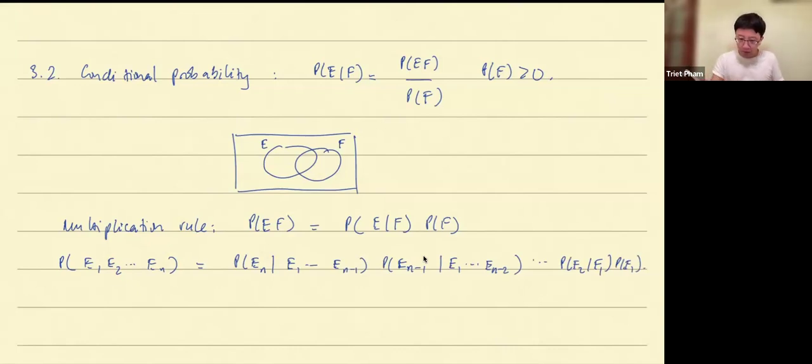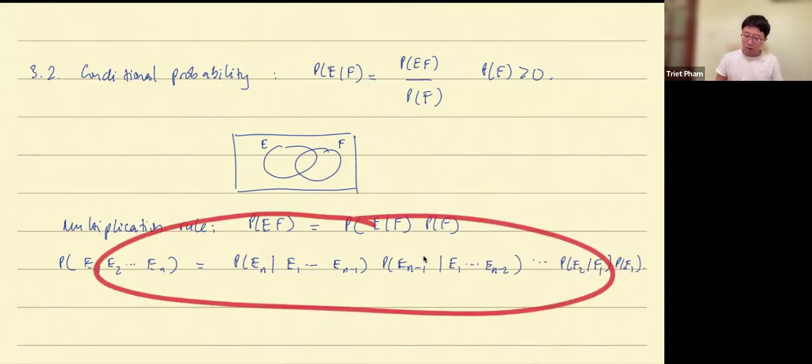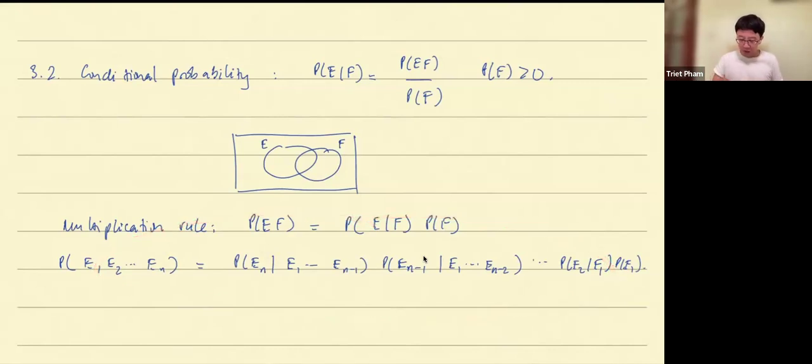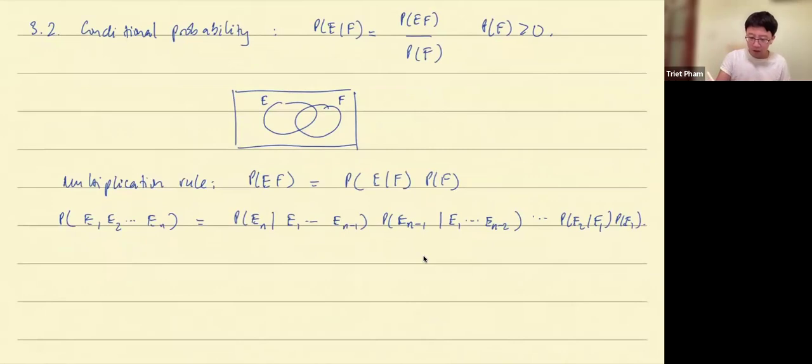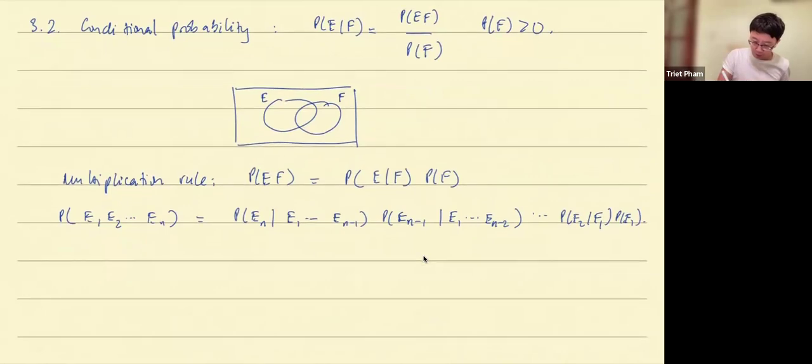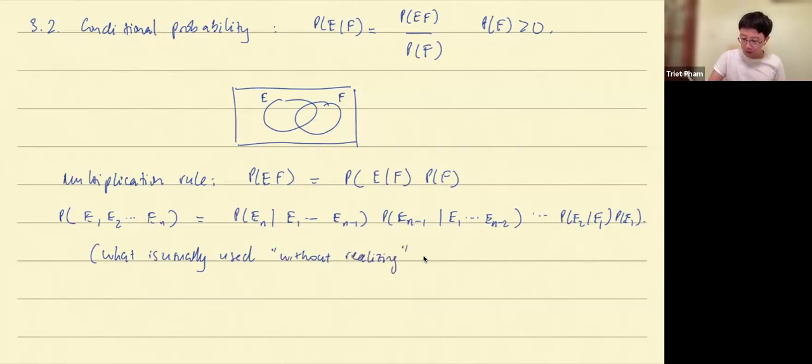And even though the formula may seem a little bit daunting, it is actually surprising that this is what we usually do, let's say without realizing that it is conditioning.